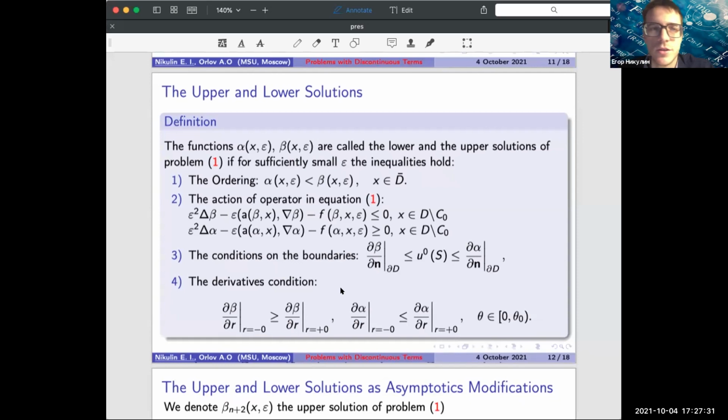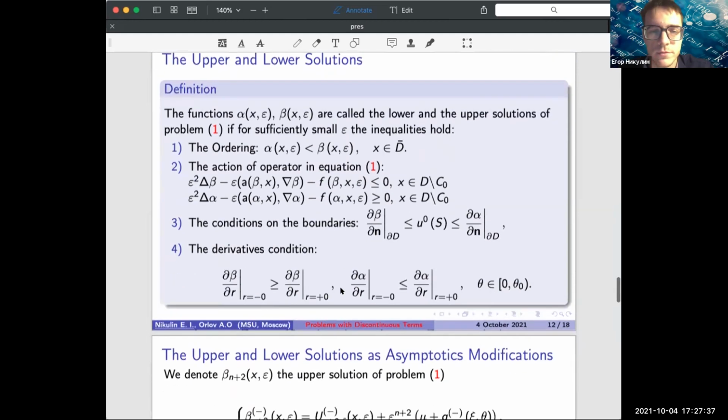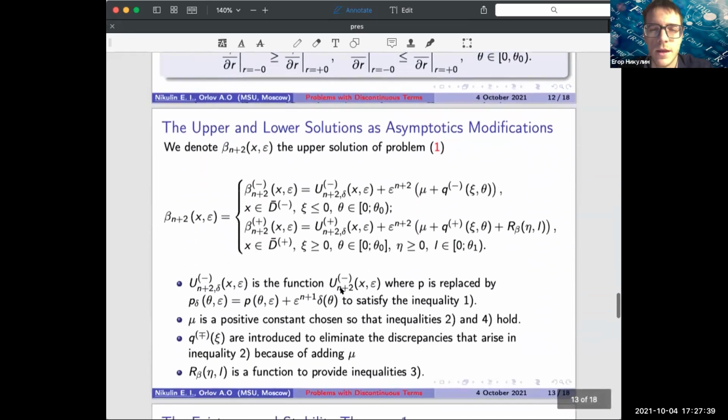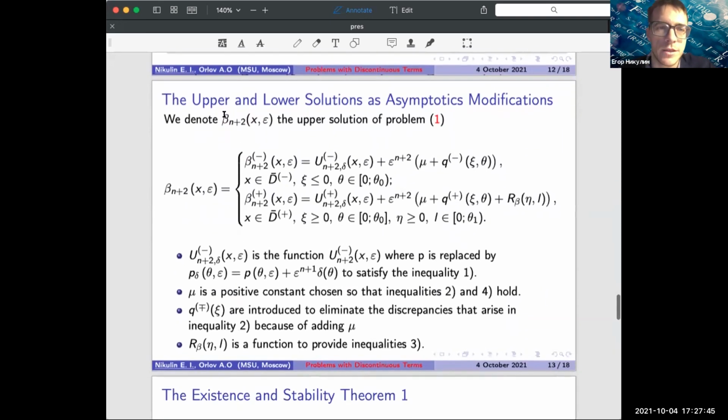To construct these upper and lower solutions, we use the constructed asymptotics and we modify it in the following way. We denote beta n plus 2, depending on x and epsilon, the upper solution of problem 1.